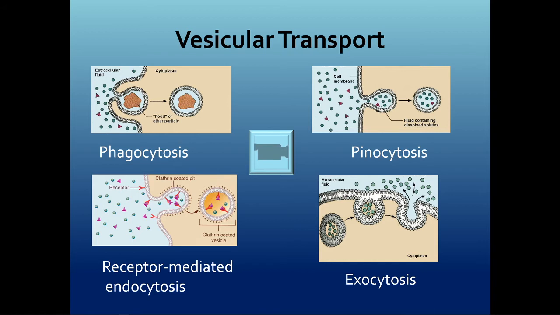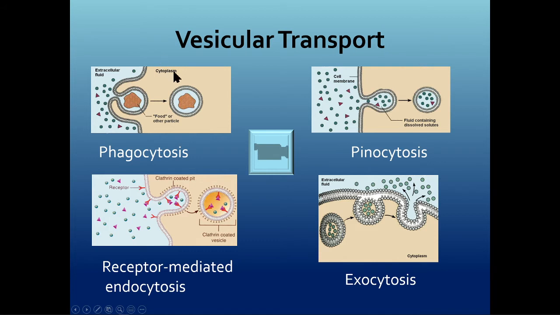Vesicles, kind of think of them like Tupperware. Either we're moving big things, like a food particle, or we're moving large quantities of things. We want to get a whole bunch into the cell or out of the cell all at once. So that's why we would use vesicular transport.